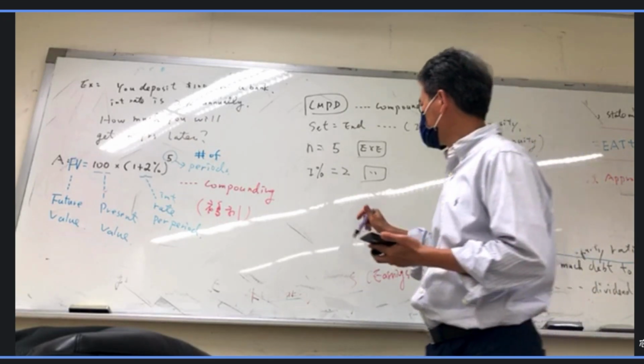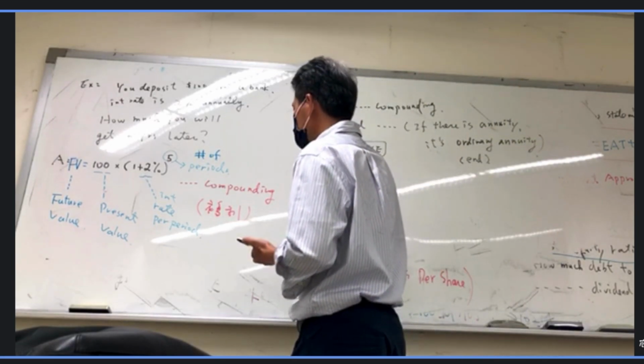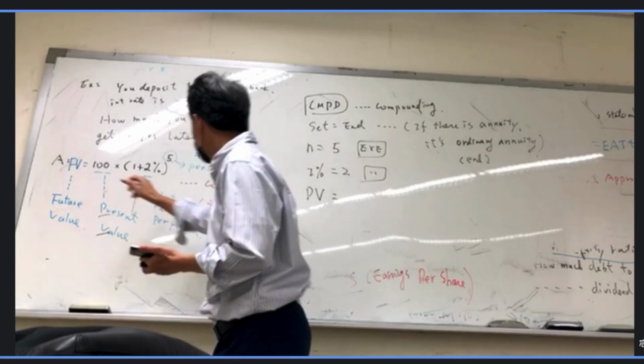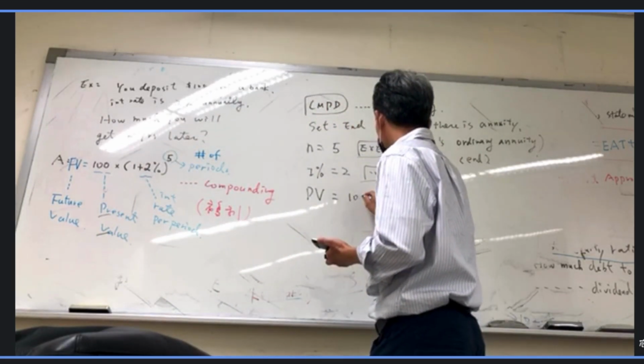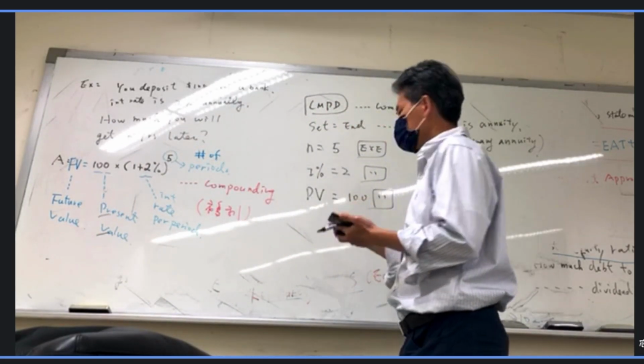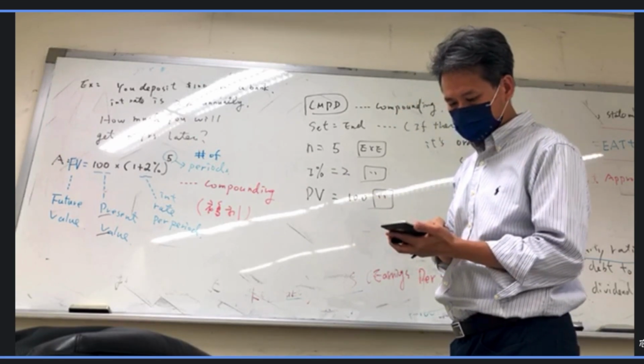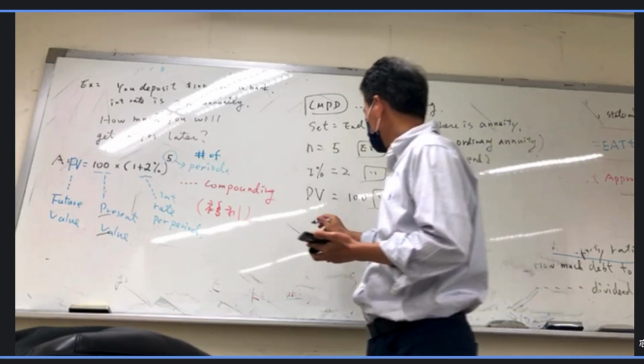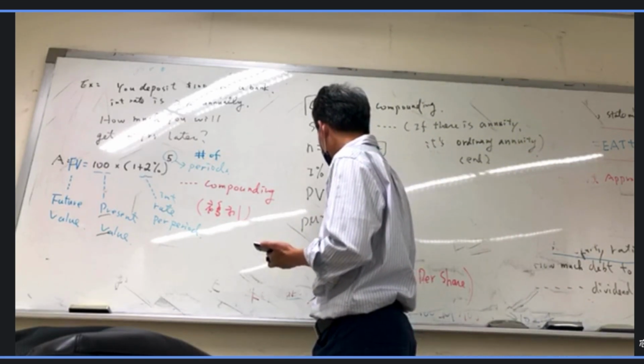And the PV as present value. Here, present value PV here. It's 100. Okay, and the PMT is payment or annuity.